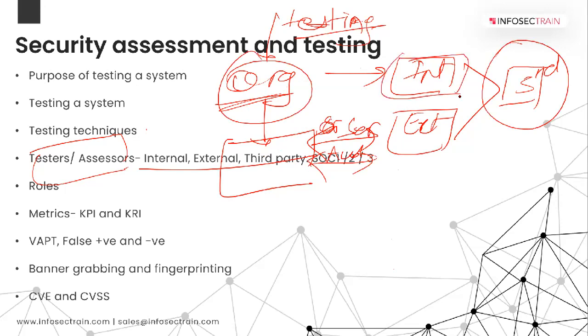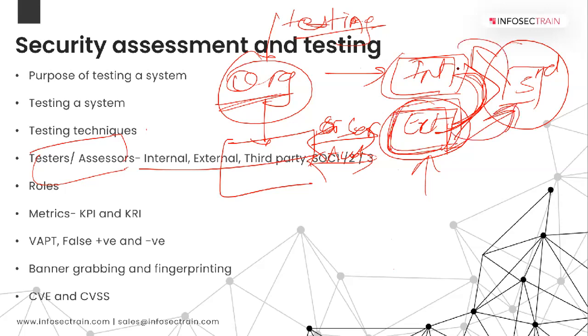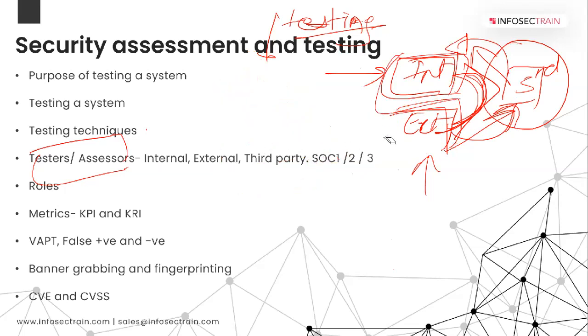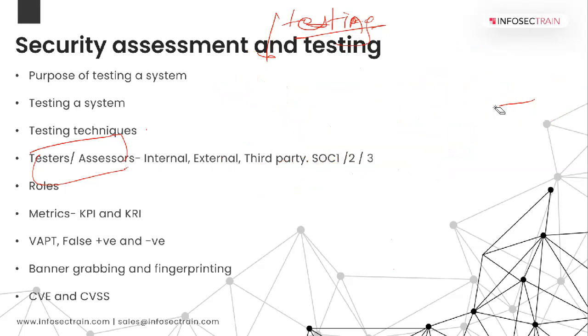Third party comes in when there is a contract between the two, and this external party appoints somebody to do an assessment on your application. So this is how the flow looks: whatever organization you provide your services to will appoint somebody to do an audit or testing of your application, and that is how third party is chalked out.